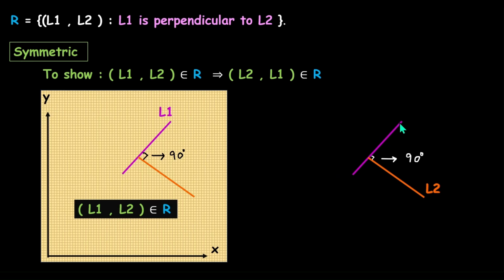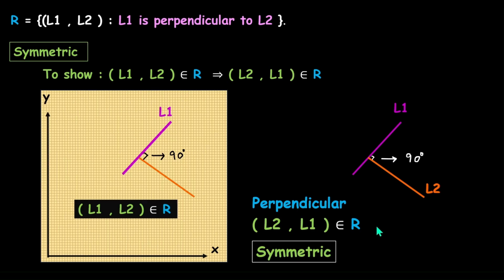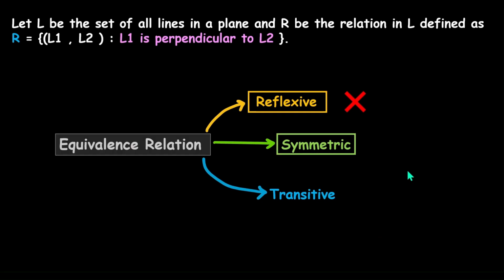And if you look at this line and you look at L1, you will realize they're just the same lines. So it's L2, L1 also being perpendicular. And thus L2, L1 also belongs to the relation R. So from this fact, we got this fact, and this clearly means that this relation is definitely symmetric. So we have symmetric, yes, this relation is symmetric.